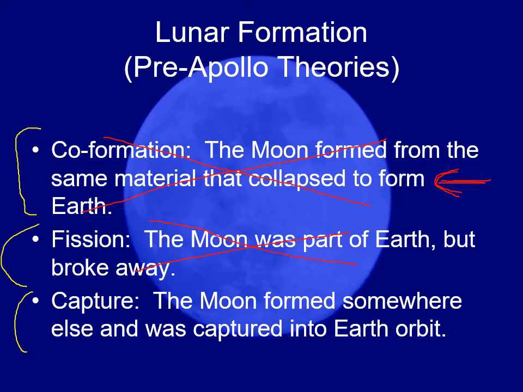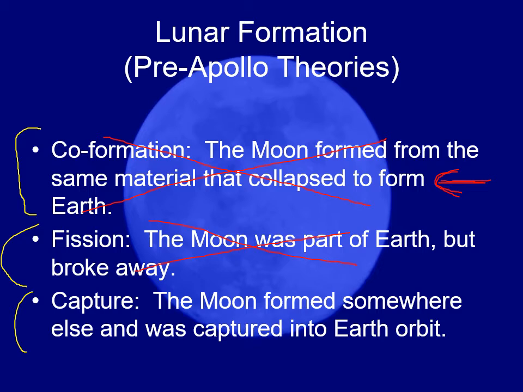Secondly, we would not expect the kinds of mineralogical differences that we found. If it formed somewhere else, there's nothing that would say there'd be no volatiles on the moon. In fact, a lot of the other things that are out there, particularly formed farther out from the solar system, have lots of volatiles.